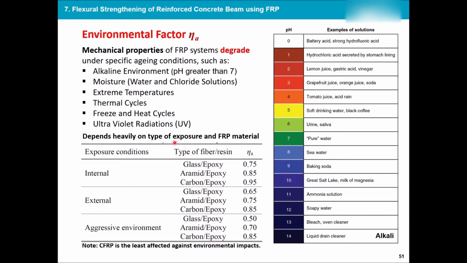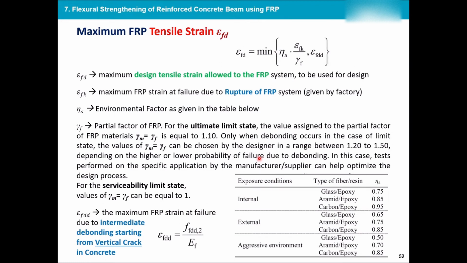If any of these are happening, usually it is externally. So the environmental factor is a little bit lower. But if it happens internally, you're safer. So the environmental factor is a little bit higher. So it's just saving you from the environment.